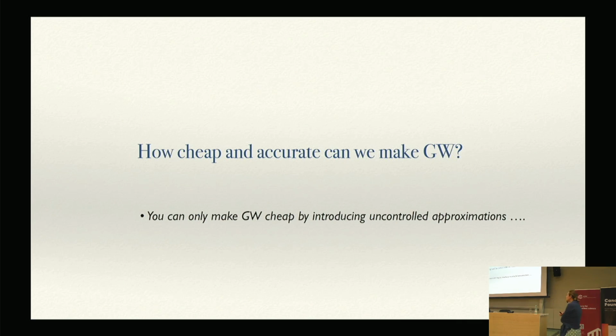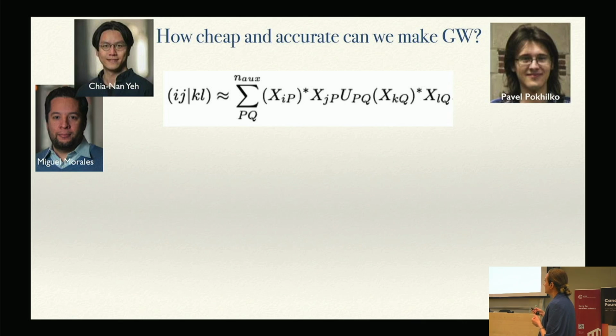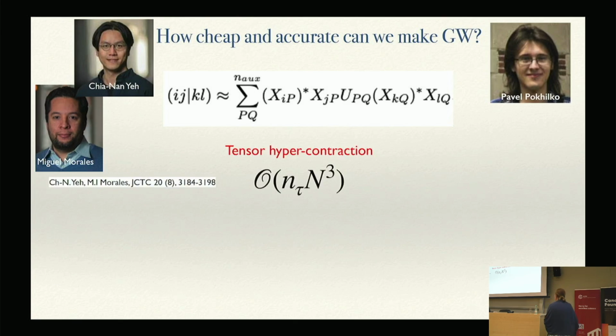So how to make it cheap? Many times in this community, one believes that one has to introduce many approximations which are uncontrolled to make this method cheap. So is this the case? We basically use the THC, the tensor hypercontraction decomposition, with Miguel Morales from Flatiron, who is our coworker, and Qianan Ye, who was my former student.